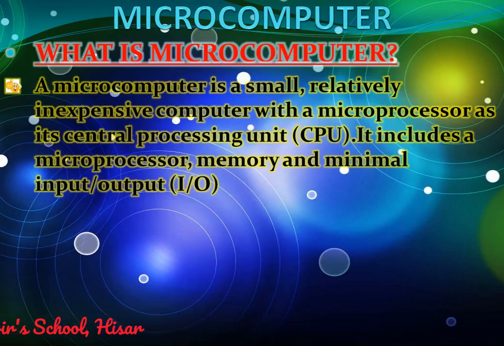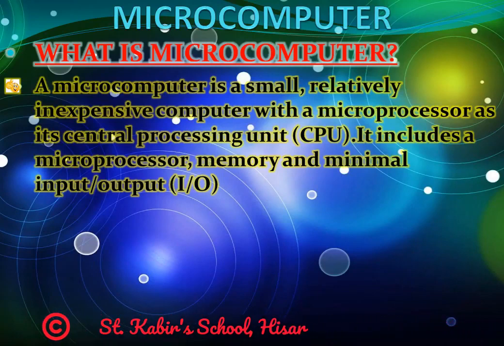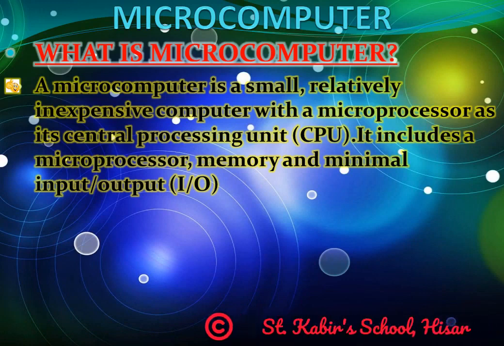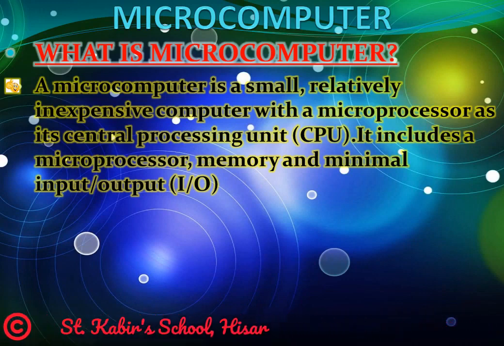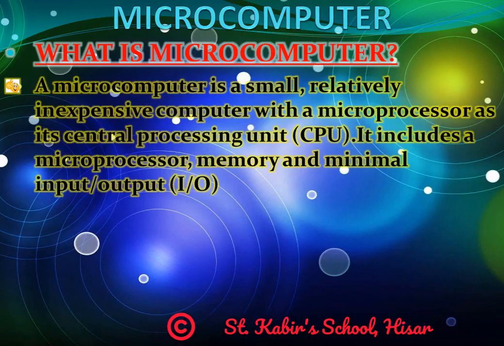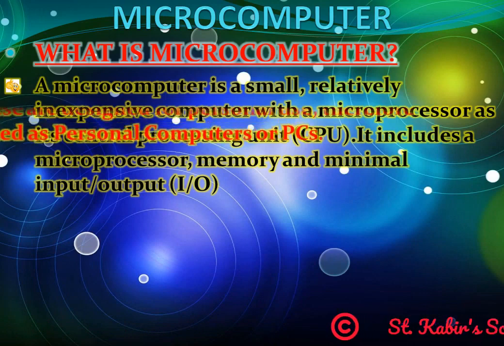Now what do you mean by inexpensive? Inexpensive means microcomputer is cheaper than rest of the 3 computers, that is supercomputer, mini computer and mainframe computer. Its processing speed is very slow as compared to rest of the 3 computers, and it has basic input and output devices, that is mouse, monitor and keyboard.